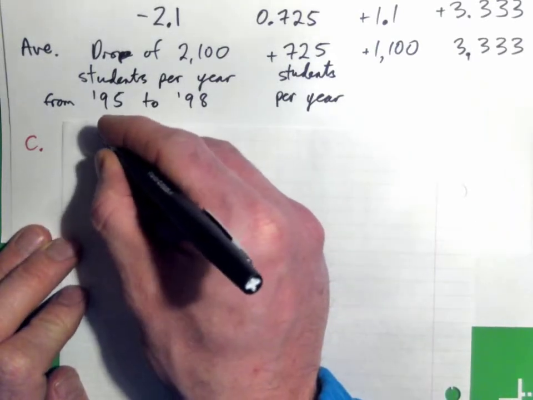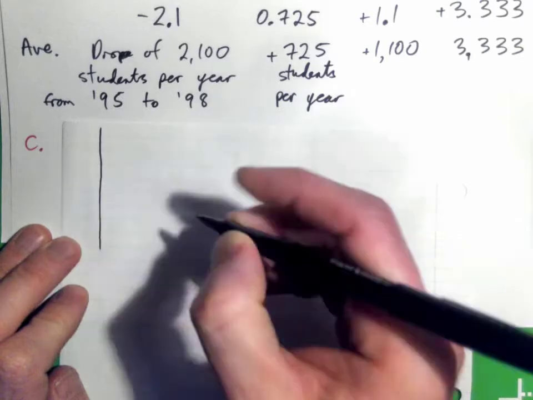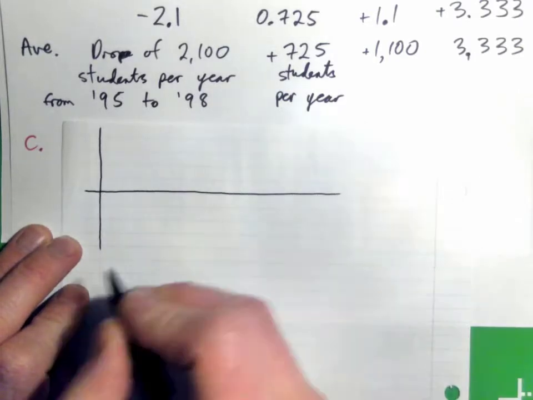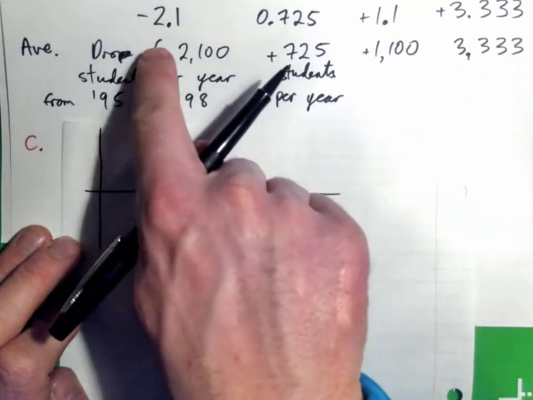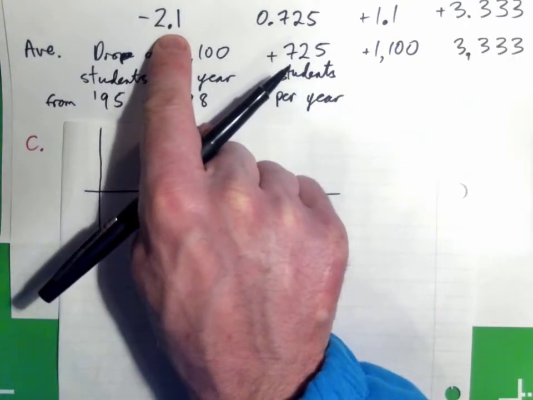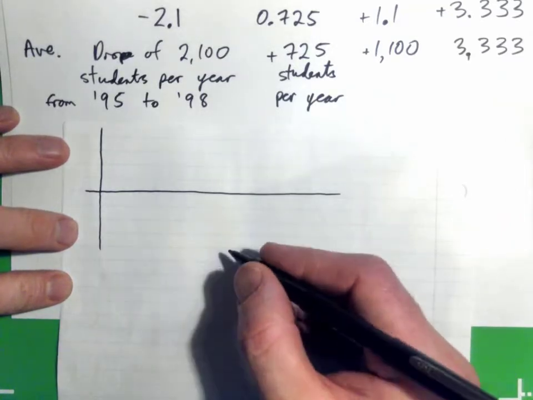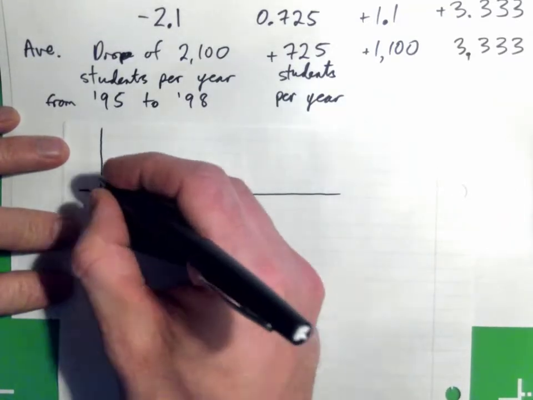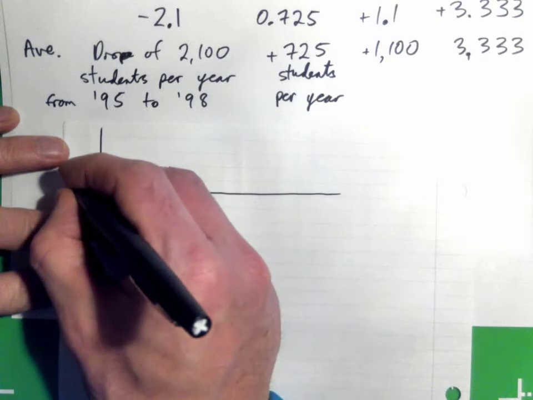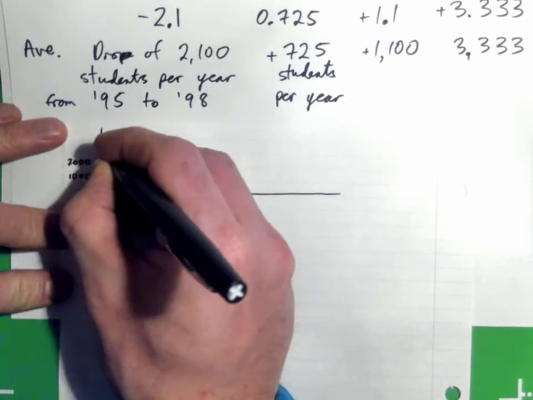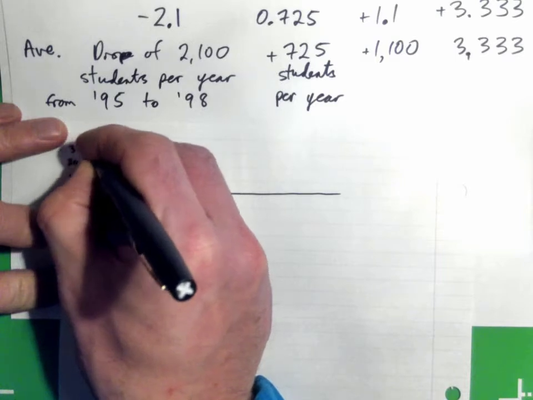The first one is negative 2.1, and this is in thousands. So this is an increase of 1,000 students per year. That's an increase of 2,000. That's an increase of 3,000. That's an increase of 4,000 per year.